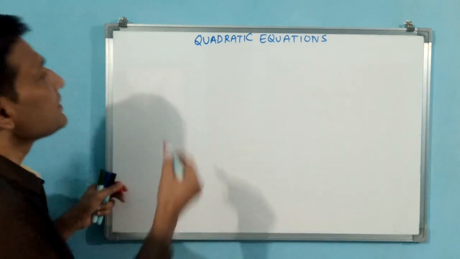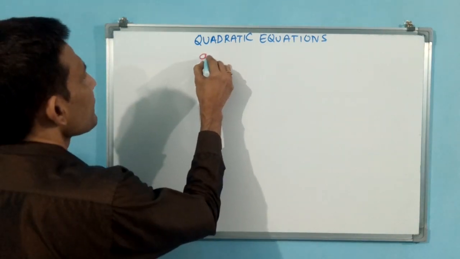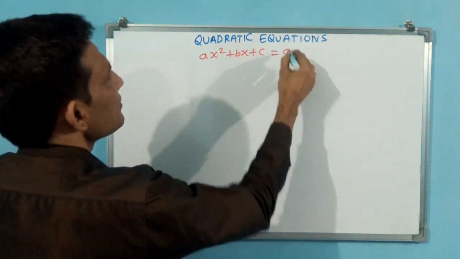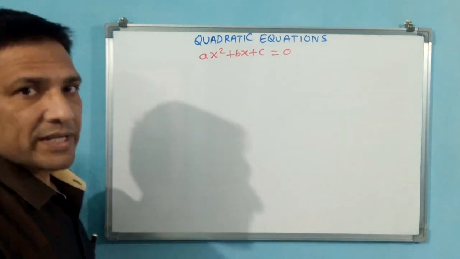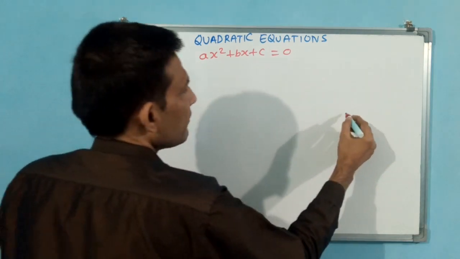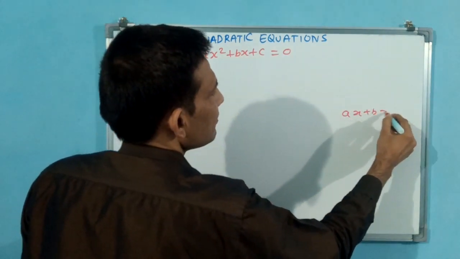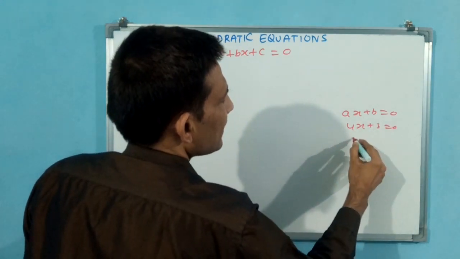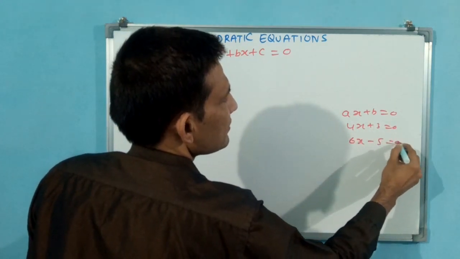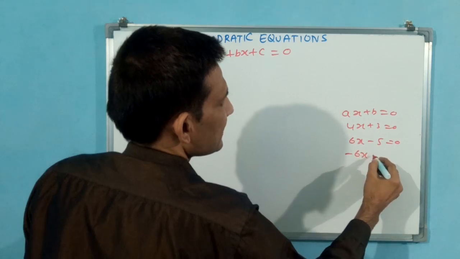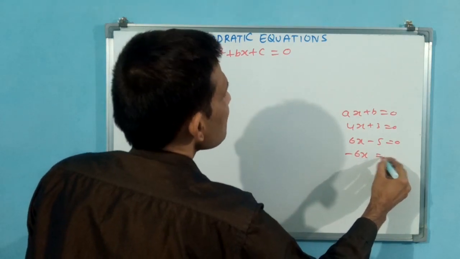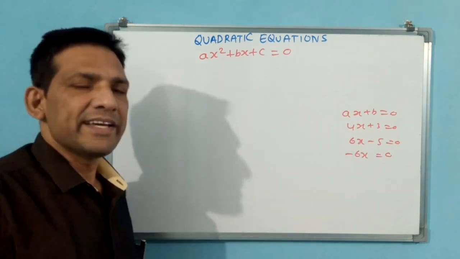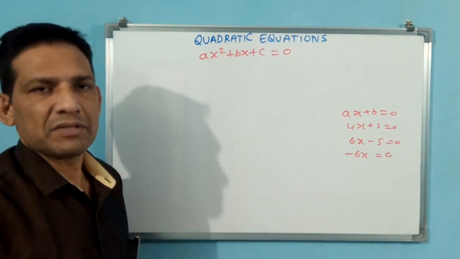First understand this: ax square plus bx plus c is equal to 0. This is a quadratic equation. Okay, if I write ax plus b is equal to 0, or 4x plus 3 is equal to 0, or 6x minus 5 is equal to 0, whatever it may be, these are linear equations only, not quadratic equation.